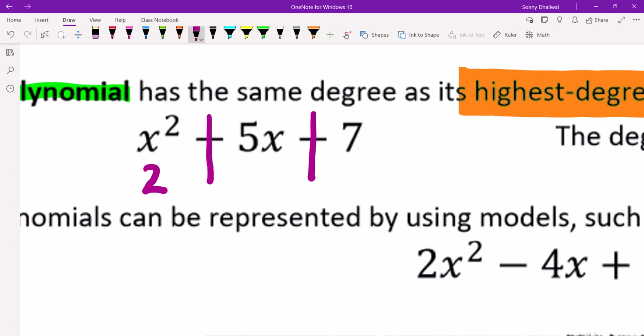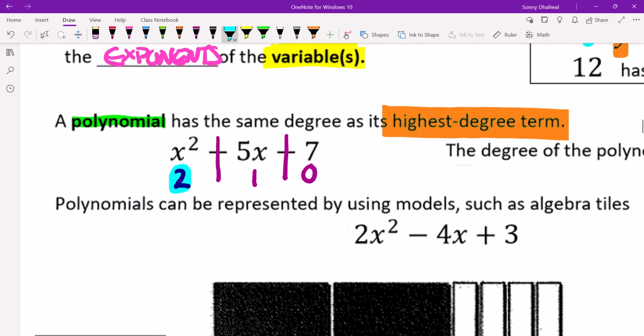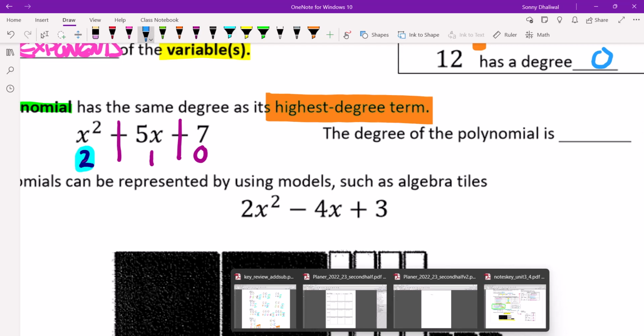What's the degree of this term? 1. All right? What's the degree of this one? 0. Good. Excellent. So now, for this expression, we pick the highest one. So the highest one is the 2. So this polynomial has a degree of 2.